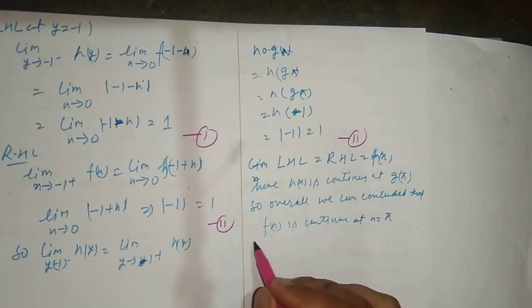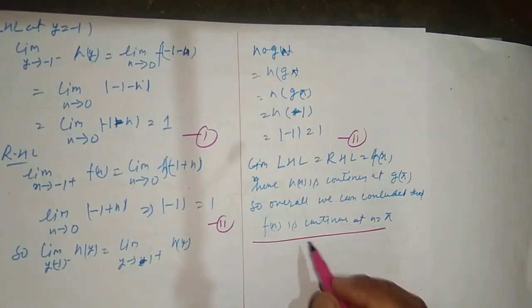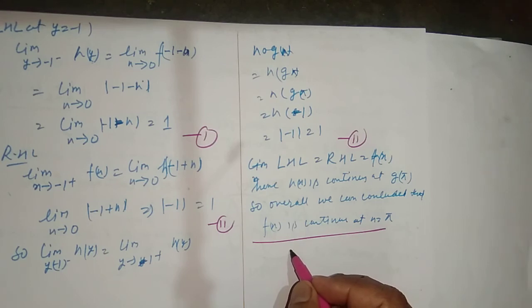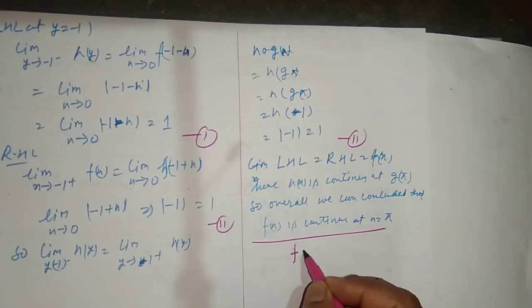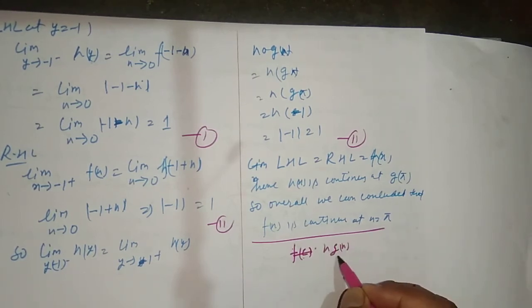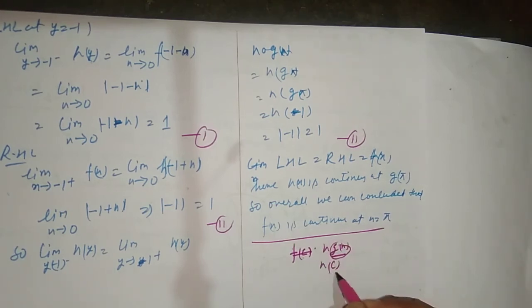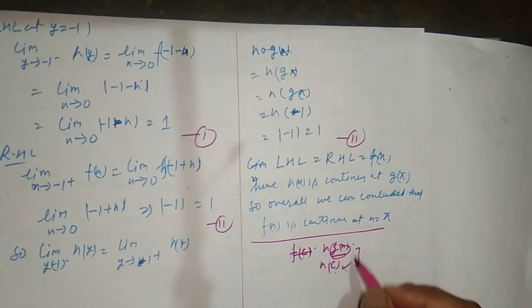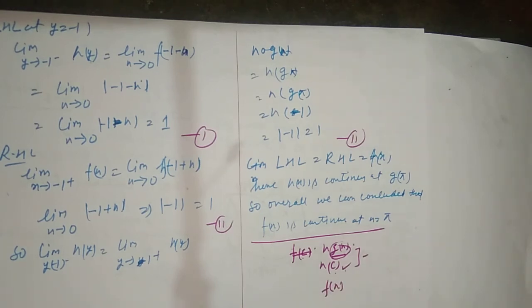So again I am repeating that if we have to prove a composite function is continuous, with two functions h(g(x)), clear, if g(x) is continuous, we have to prove h(g(x)) is also continuous. If we prove that these two are continuous at a given point, finally we can say that f(x) is continuous, clear. Now in the next video we'll discuss continuity on intervals.